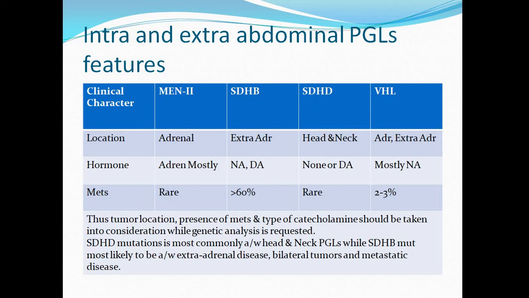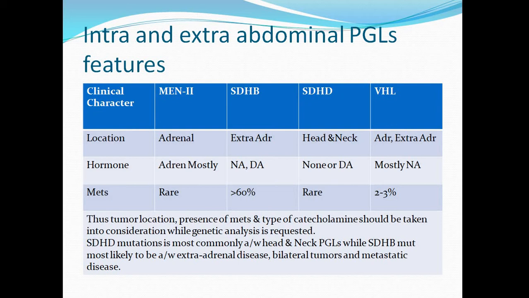Now you have the intra-abdominal and the extra-abdominal paragangliomas, and their features. In MEN2, when you have the phaeochromocytoma, that's in the adrenal, the hormone is mainly adrenaline, and there are no mets.